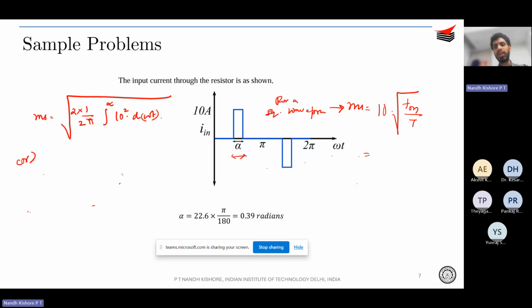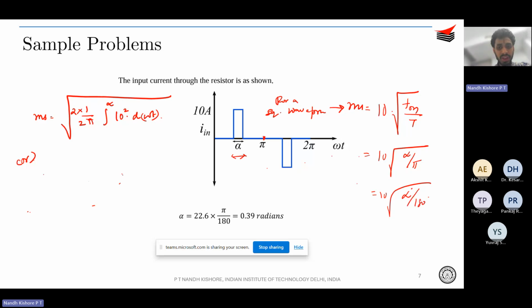Okay. So here the T on is alpha for period of pi. For every pi interval, the conduction angle is alpha. Therefore 10 into root over alpha by pi. Okay. So this is how you find out the RMS, or you can write 10 into root over alpha in degrees divided by 180.